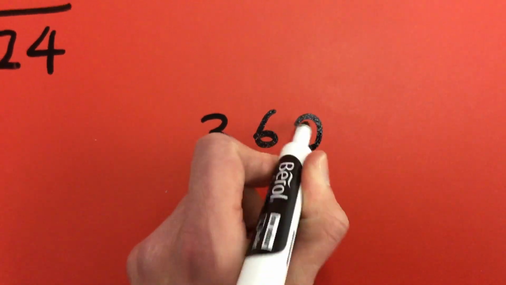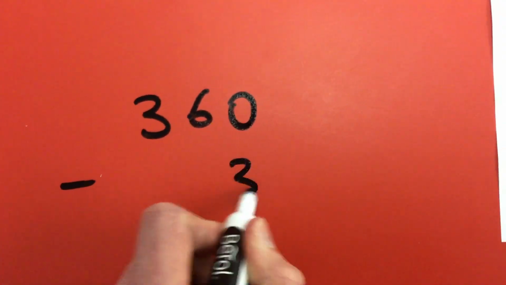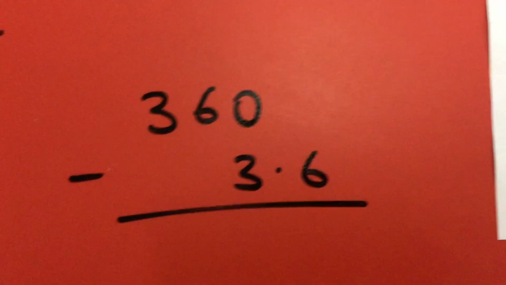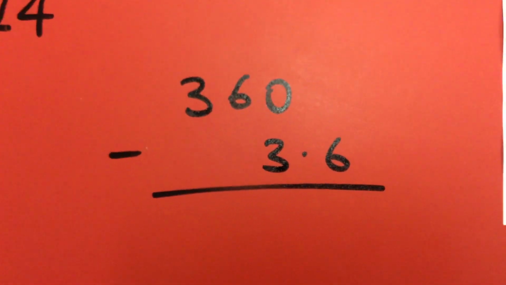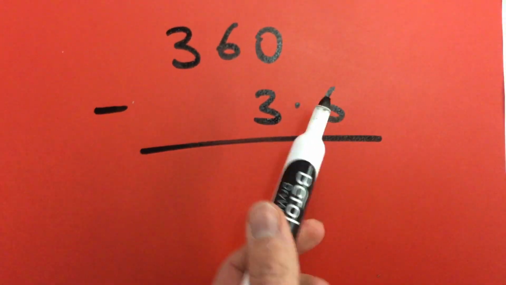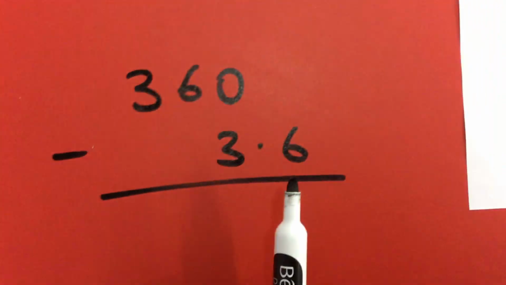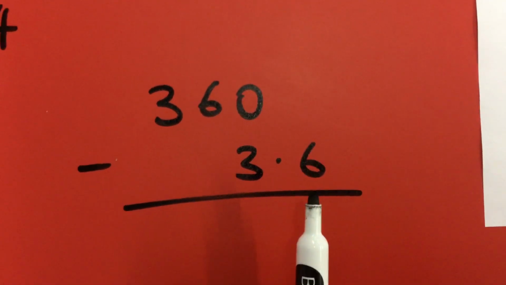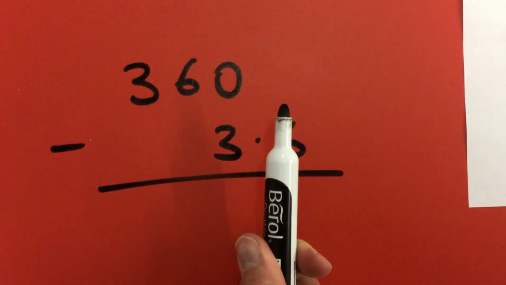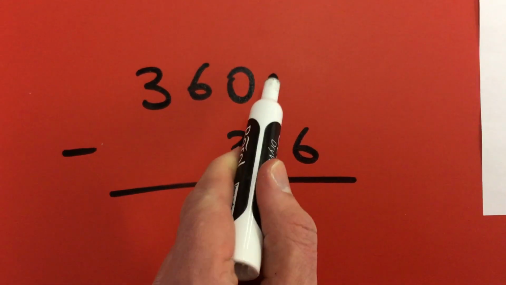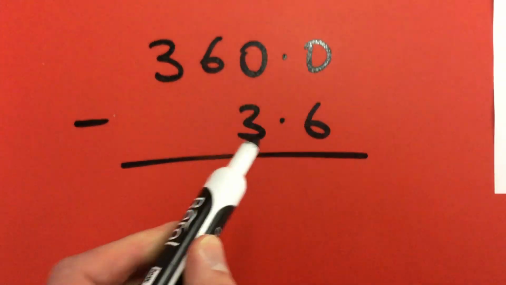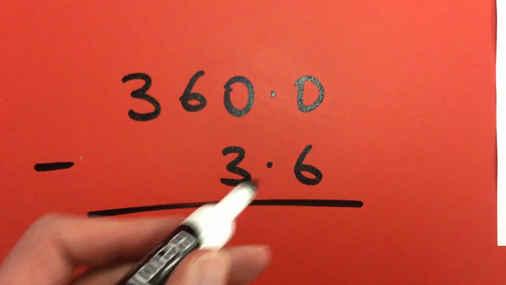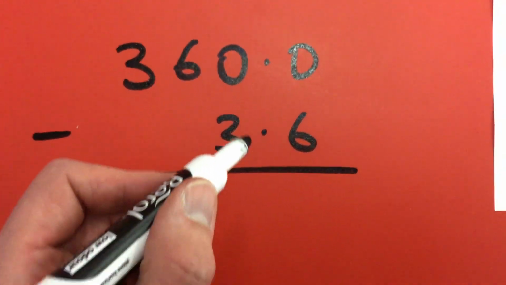So 360 take away 3.6. Now my class will recognise this instantly, because we always know if we've got a place value column in the tenths and there is no tenths value in the first number, we will have to put a placeholder in. So again, 0 take away 6, we're not able to do that.